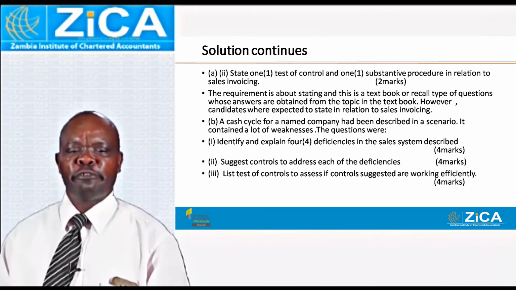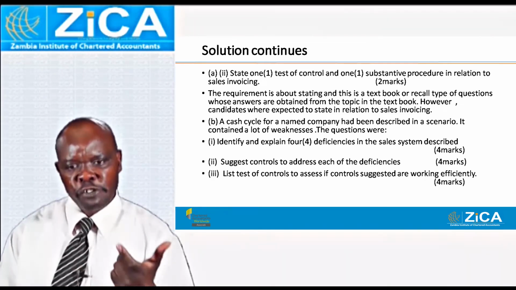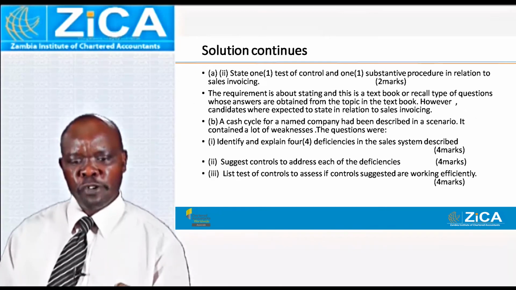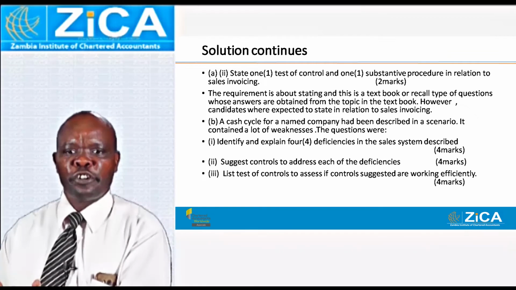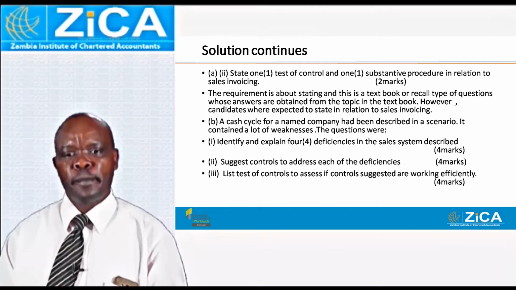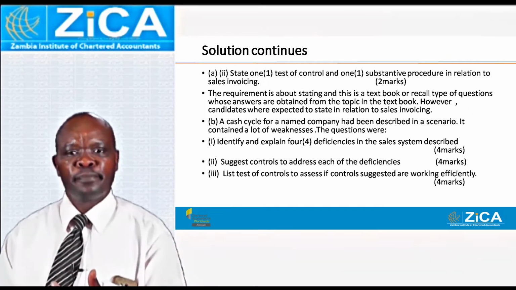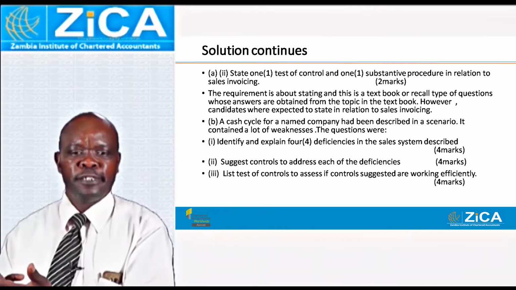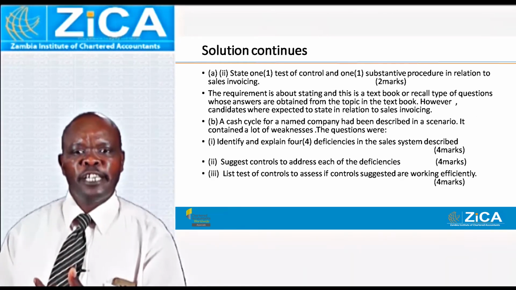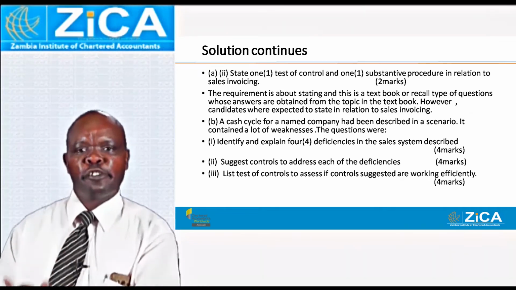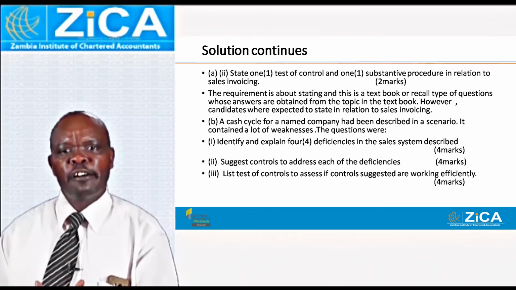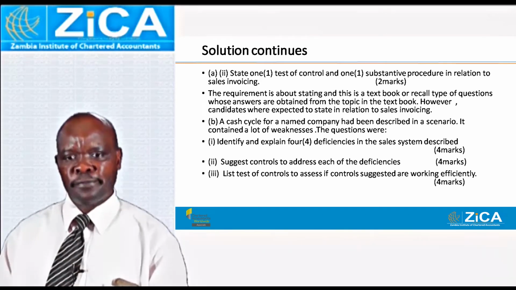But the common mistake is that someone will identify a very good weakness, but then the suggested control is completely different. Worse still, for the test of controls, they will explain it as if it was management. Understand that the test of control will actually be the work of the external auditors.